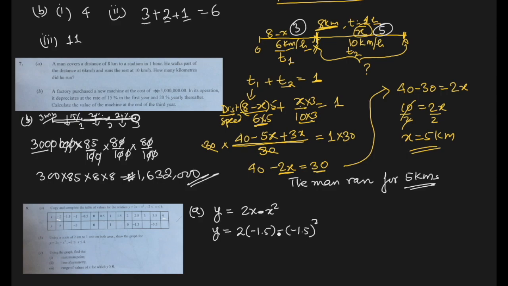This negative is part of the relation. This negative is given to us. So they have to be different. So 2 times negative 1.5 is negative 3. And this negative will become positive because of the square. Whenever we square a negative, it becomes positive. That means this negative stays, and 1.5 square will be 2.25. So answer is negative 5.25.